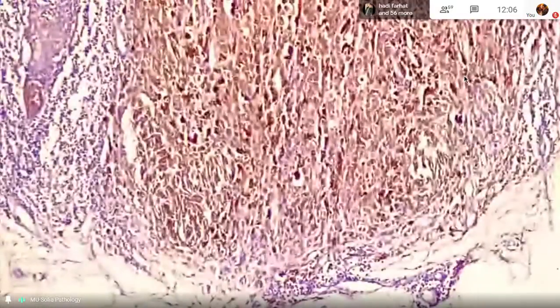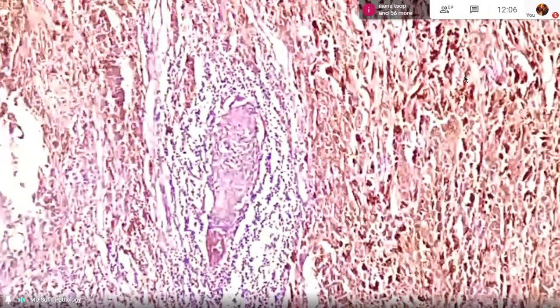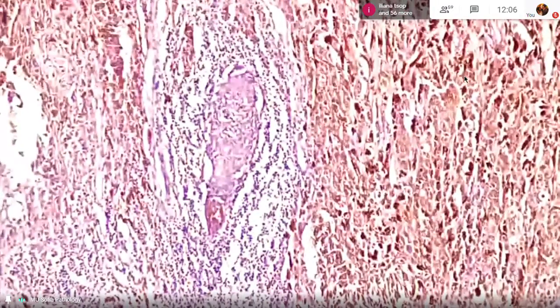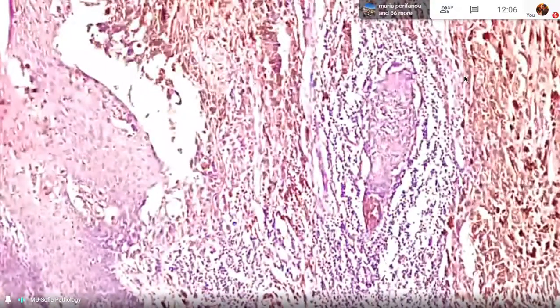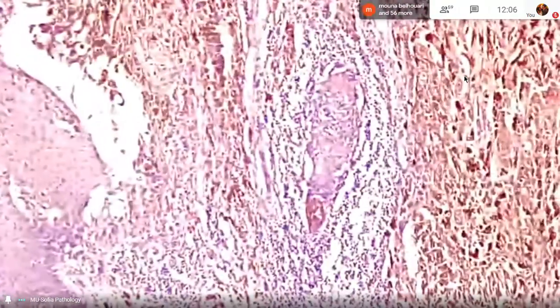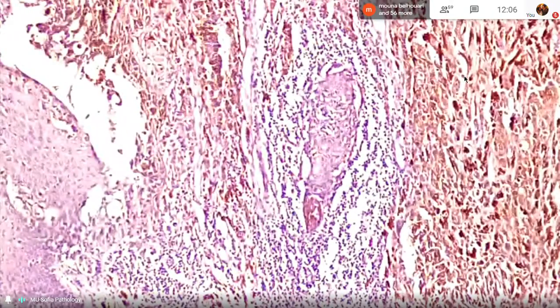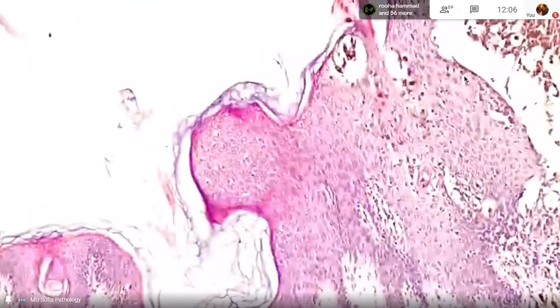So we can discuss a lot for the malignant melanoma. Here there is a nest of melanoma cells in the base of a hair follicle, and everything is surrounded by this stromal reaction.